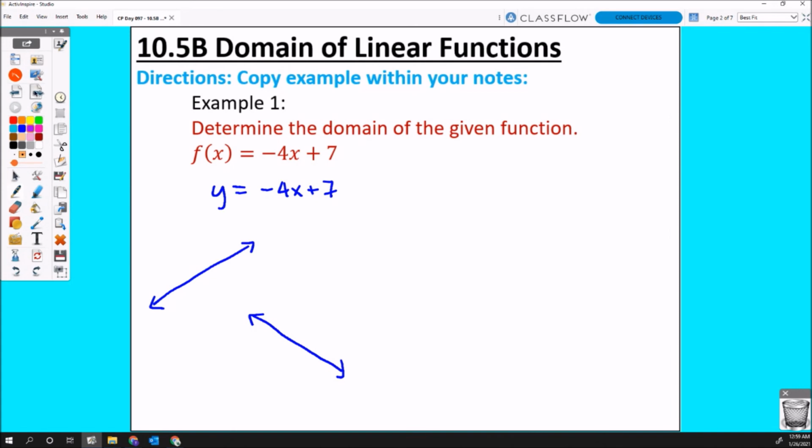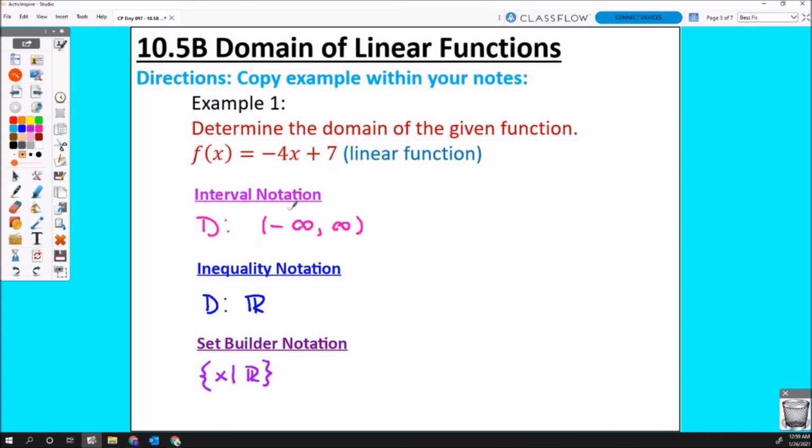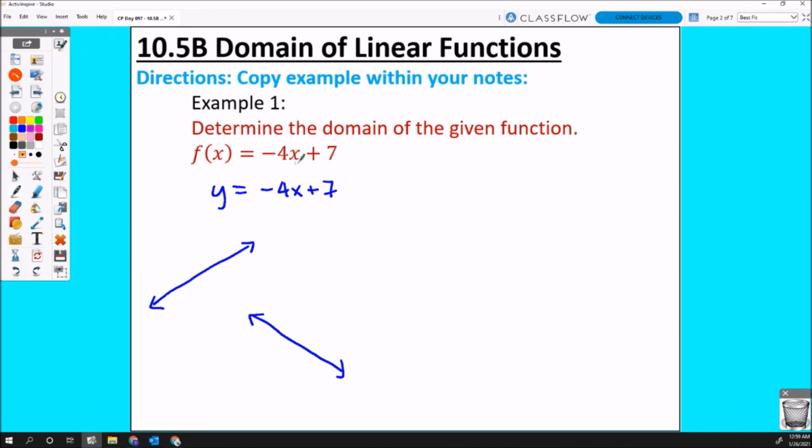Hence, in my interval notation for domain, if it goes forever to the left, the symbol is negative infinity. If it goes forever to the right, the symbol is infinity or positive infinity, also known as all real numbers. That means that any x values can be used in this function for the domain.